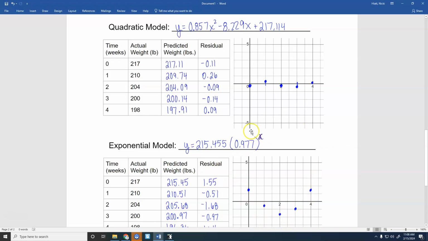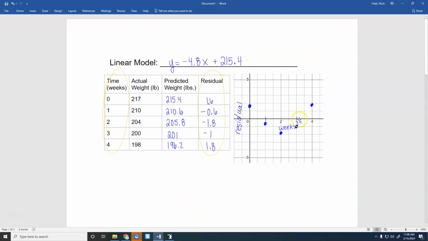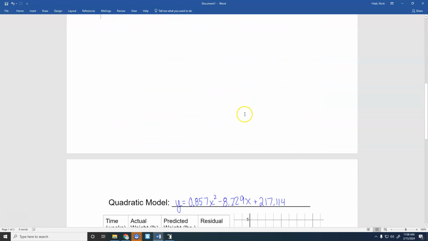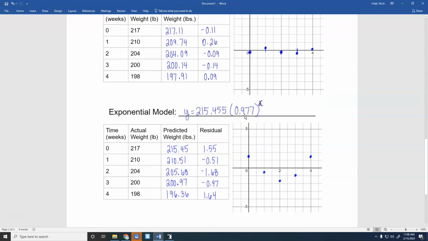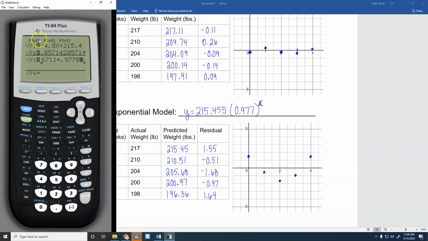And really, the same thing just about happened. The residual plots for the linear and the exponential look almost the same, right? We actually do not want that to happen whenever we're looking at residual plots, because what that means is that there's some sort of pattern to how we were off, right? Let's look over here at the calculator at the graphs. I've got all three of these in here.